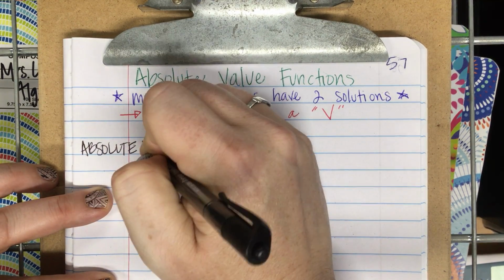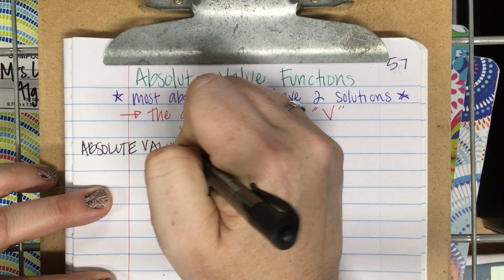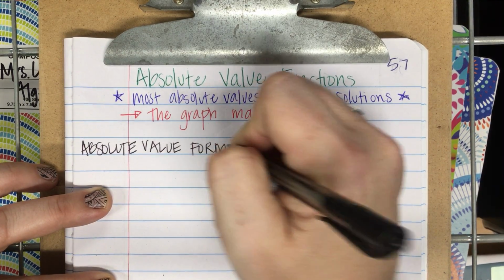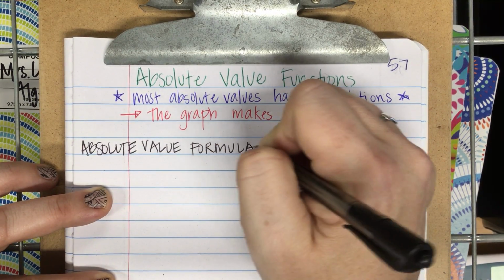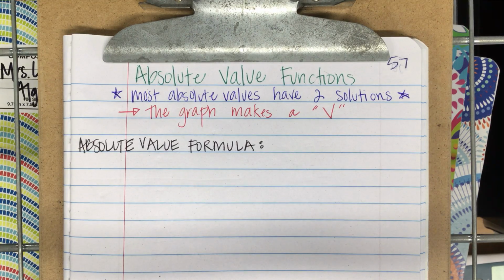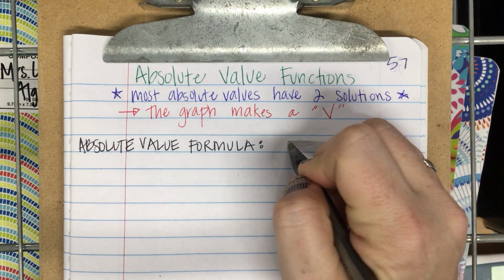So the absolute value equation or formula looks like this. Absolute value formula. This is what our problem is going to come in the form of.